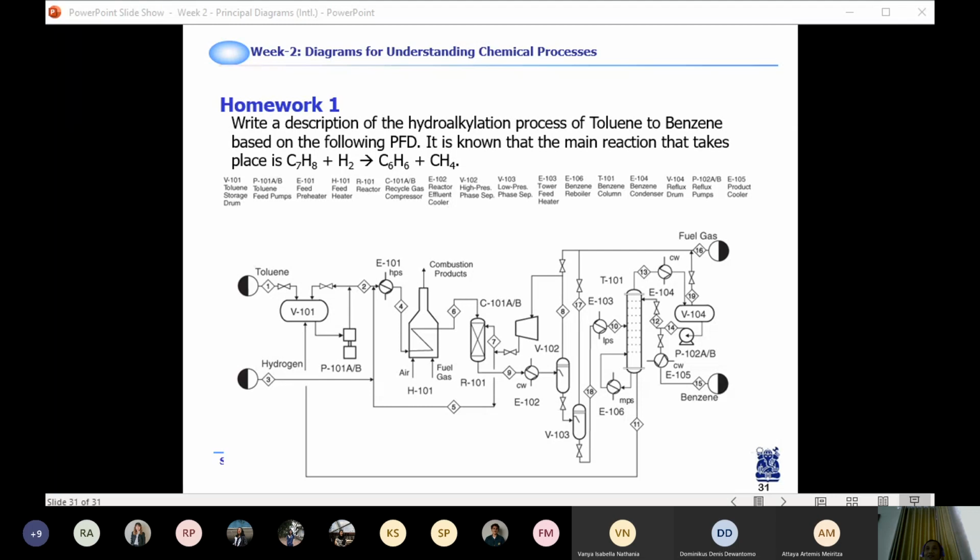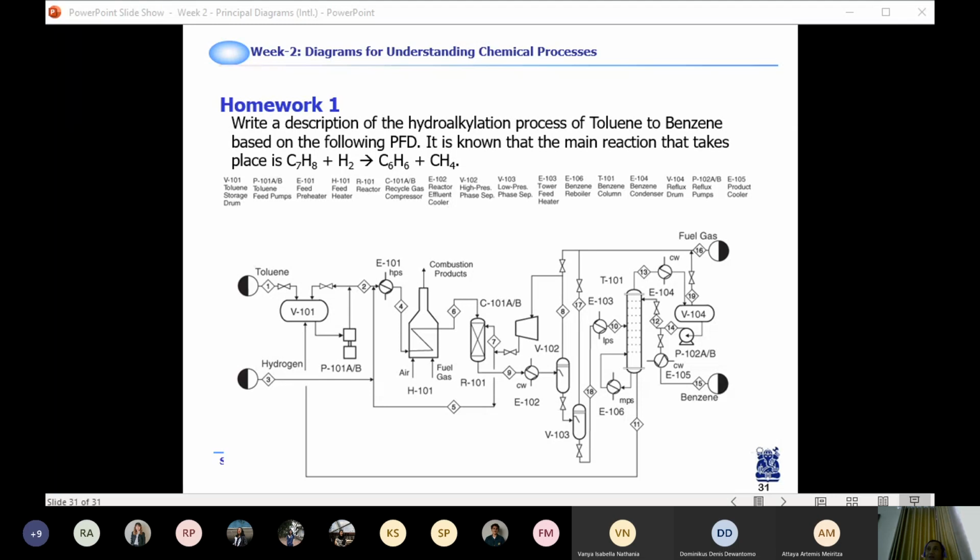For example, sometimes when I visit a multinational plant, they will not use V for vessel. Sometimes they use T. I don't know whether T is tank or something else, so it depends on the company, which will use its own naming standard.